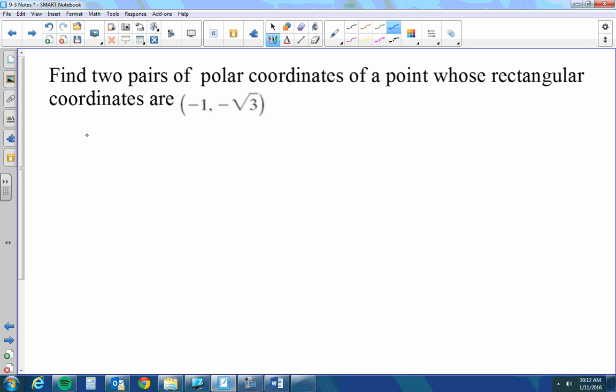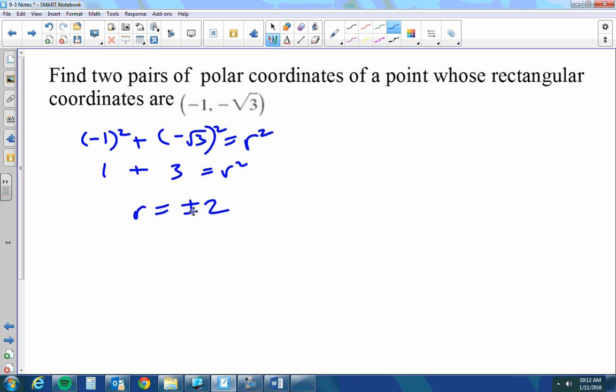I'll get you started. Do Pythagorean theorem first. That's just 1, and that's just 3 when you square those. So you get 4, and square root of 4 is 2. So go ahead and finish it.